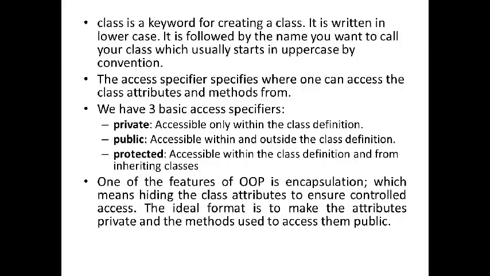So what we usually do by convention is to allow the attributes, the properties, to be hidden. That is, we declare them as private, while the methods that we are going to use to control access to these attributes, we declare them as public.